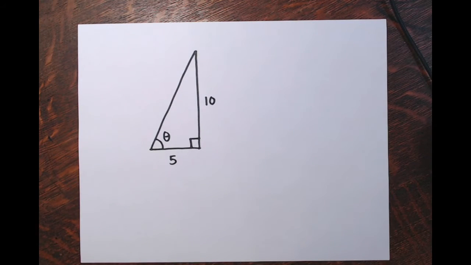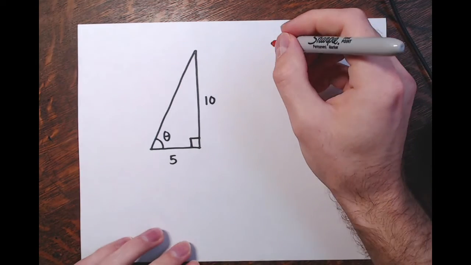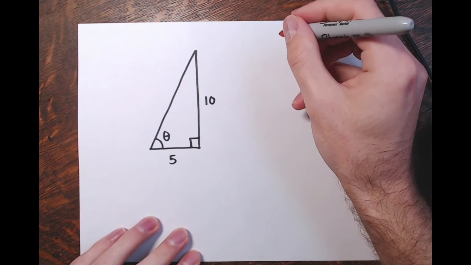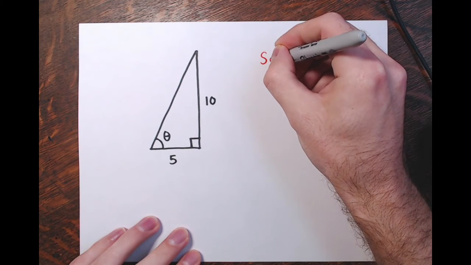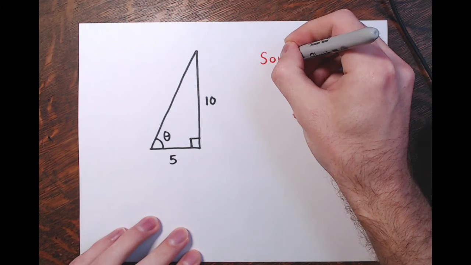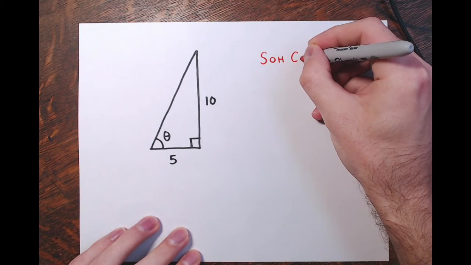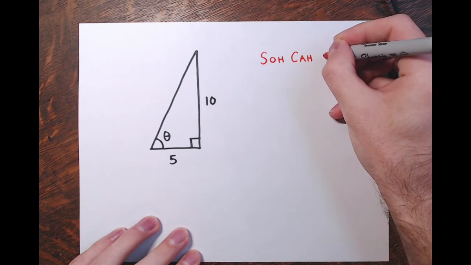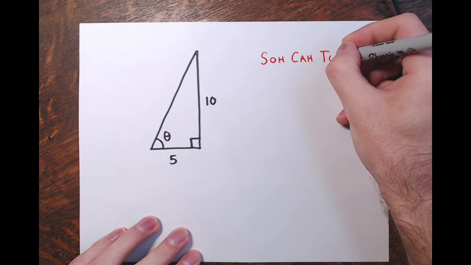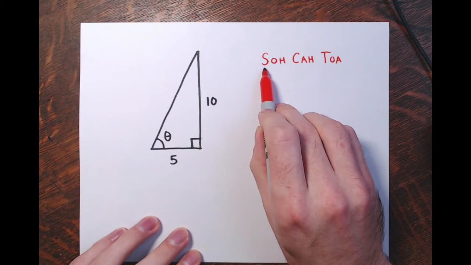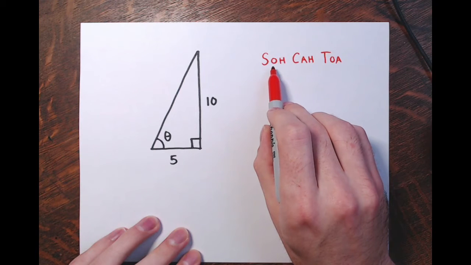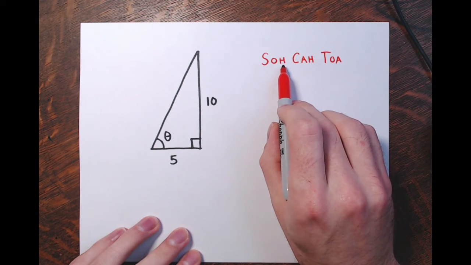And remember, for right triangles you can apply all the trigonometric ratios, and hopefully you remember this acronym, SOHCAHTOA. Remember that the sine of an angle in a right triangle is the length of the opposite side divided by the length of the hypotenuse.